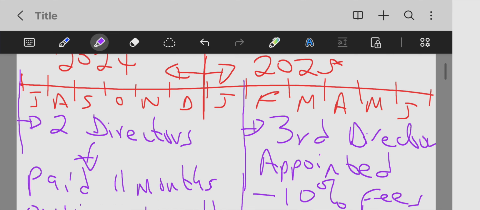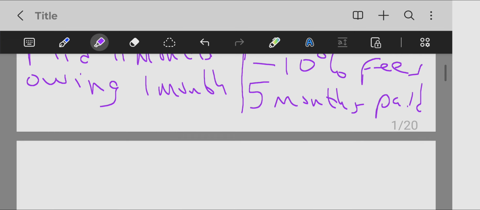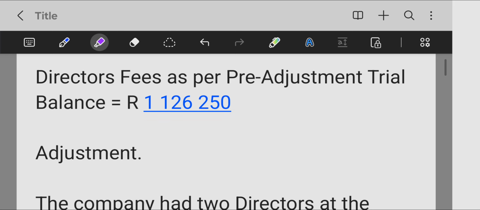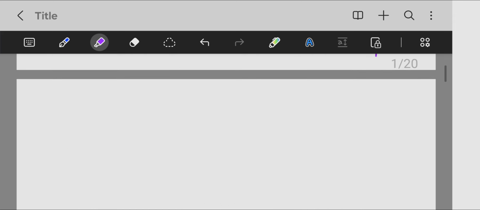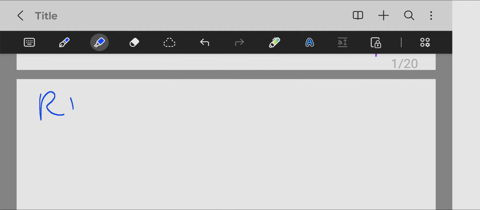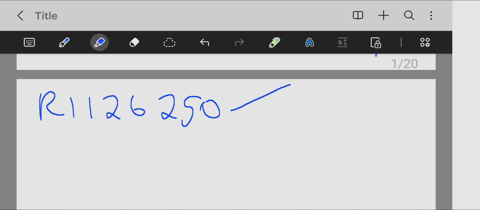That's it. So now let's start working. In a nutshell, what the examiner is saying here is that this amount of money, $1,126,250, is for 3 directors.